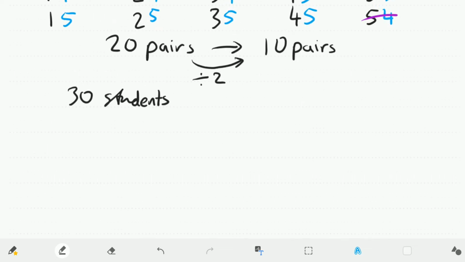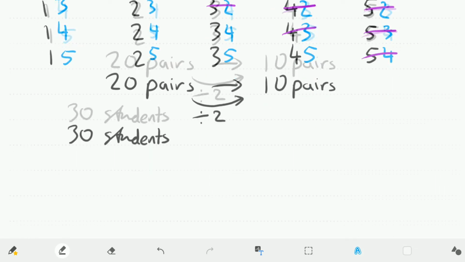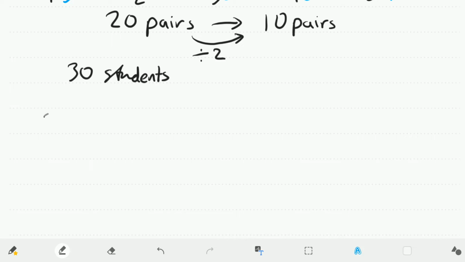So if there were 30 students, I'm not going to rewrite down every single student because that would make a lot of columns and a lot of rows. But from our previous question, we can see how many rows and columns we would have. So the number of rows was 1 less than the total number. So we know there'd be 29 rows.